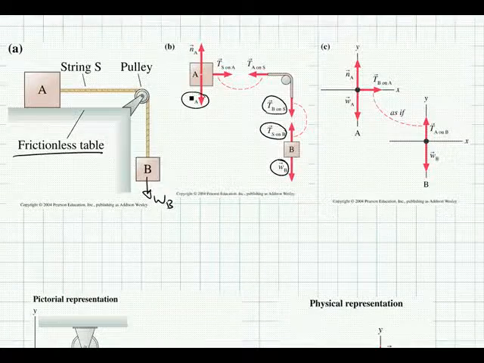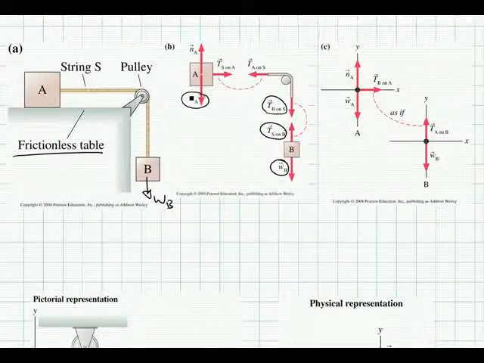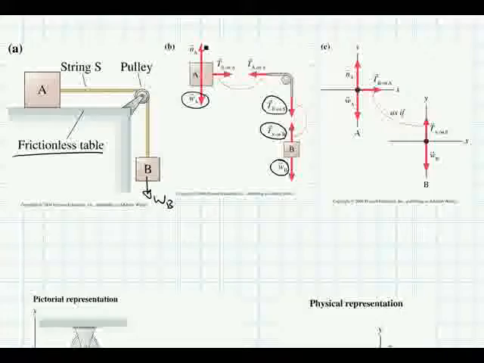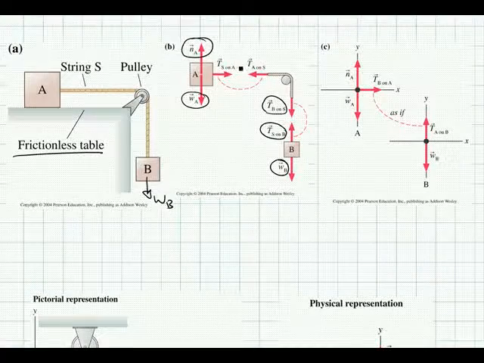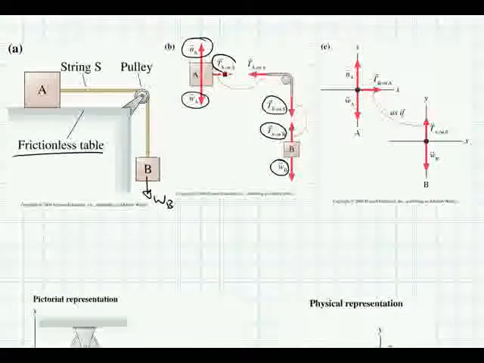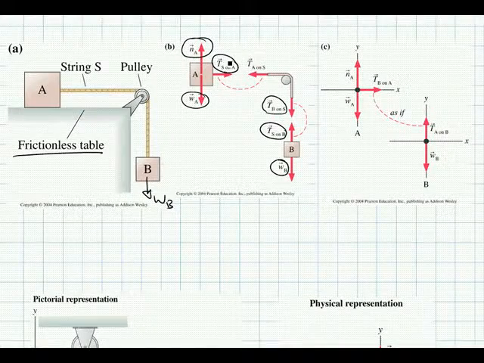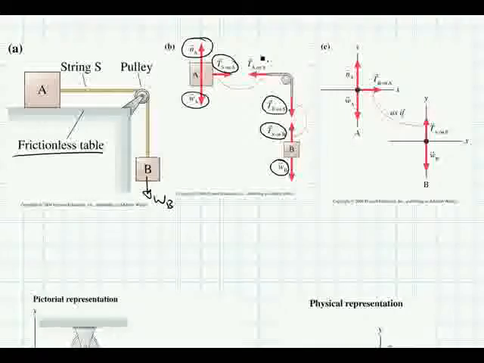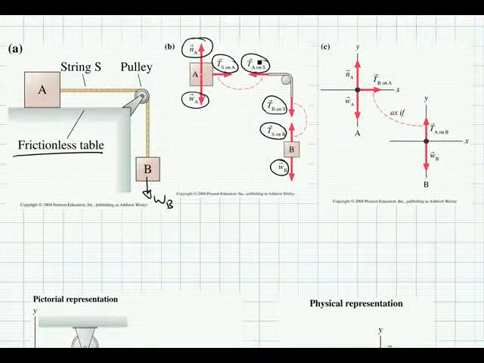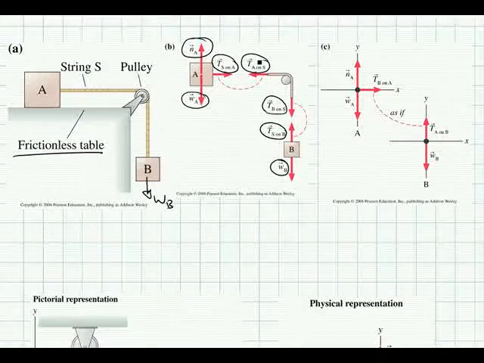Forces on A, of course, we have the force of gravity on A, the normal force from the table. Then there's the tension of the string on A, and here is the force of A on the string.